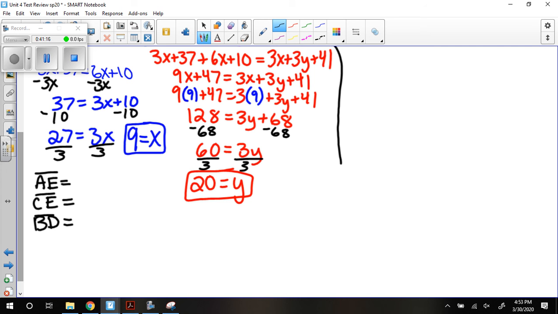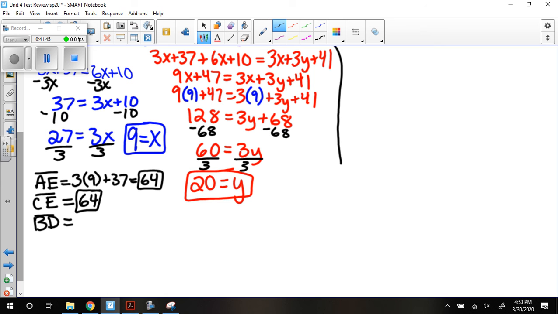So AE, we were told, is 3 times x plus 37. So 3 times 9 plus 37 gives you 64. Okay, you know that AE and CE are the same, so CE is also going to be 64.